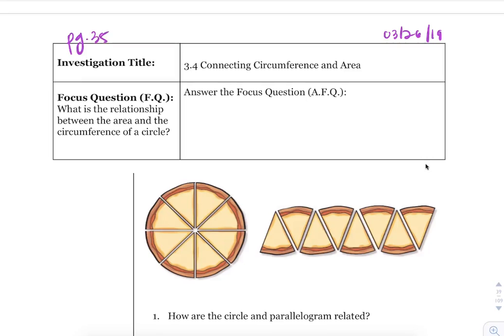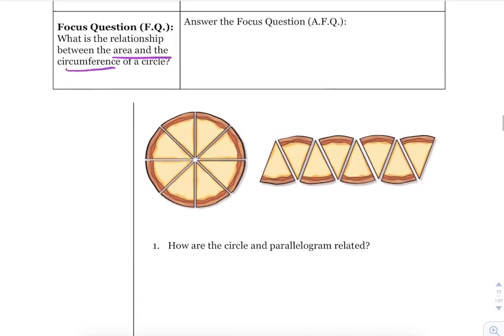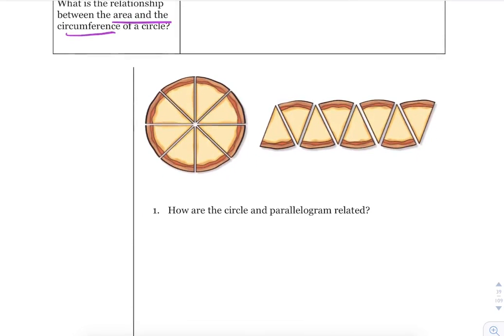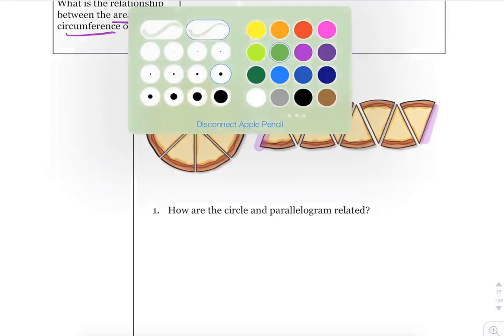Okay, what is the relationship between area and the circumference of a circle? So we've got to find the relationship of those two items. Here is my circle, which is in the form of a pizza. This shape here is, that's right, a parallelogram.